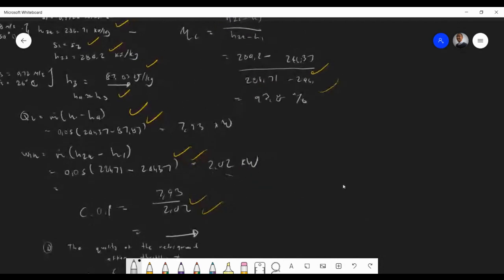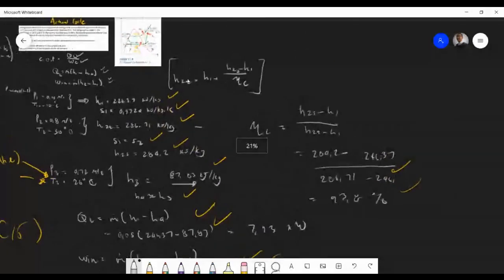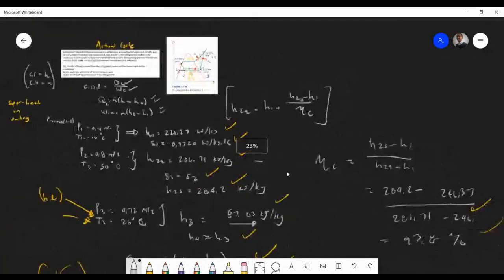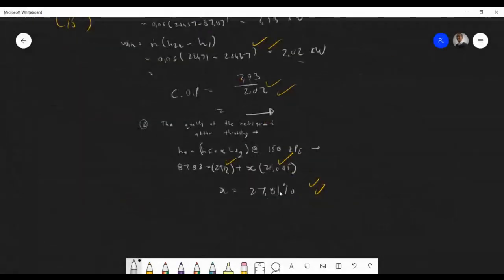So what it means after throttling is that the vapor comes in as only 27.81% actual vapor. It's not completely gas yet.